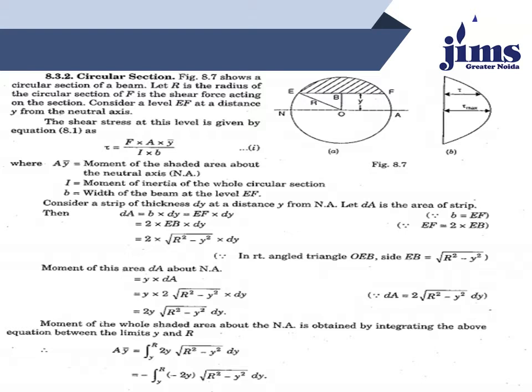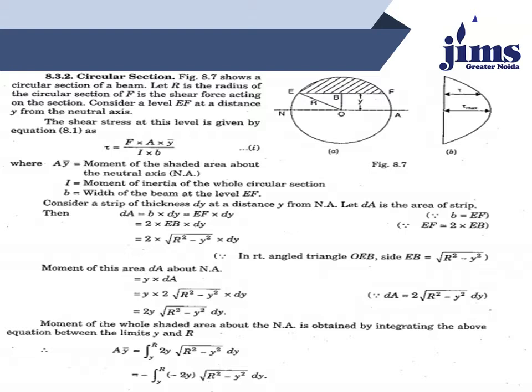In a similar manner, bending stress is maximum at the top fiber, and at that point shear stress will be 0. So from the figure it is clear that shear stress is 0 at top fiber and at the bottom fiber, and its distribution is parabolic in nature.